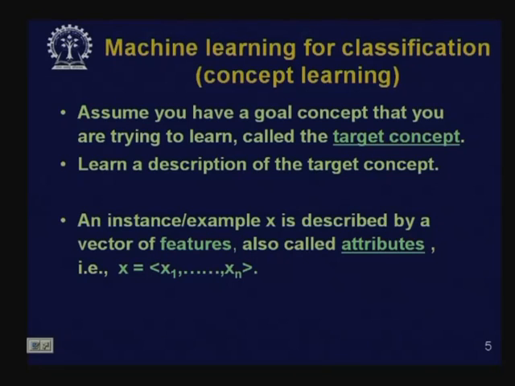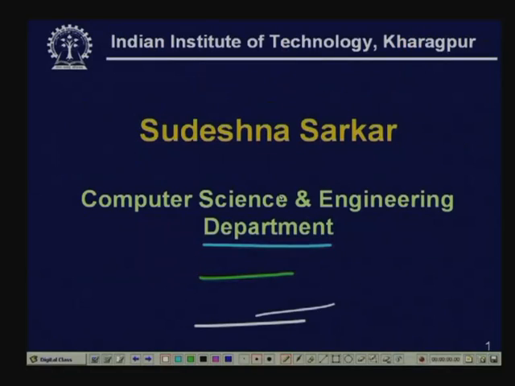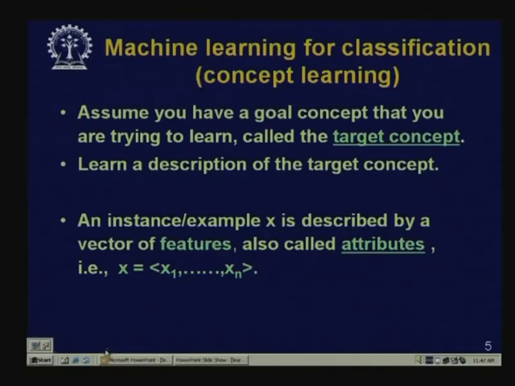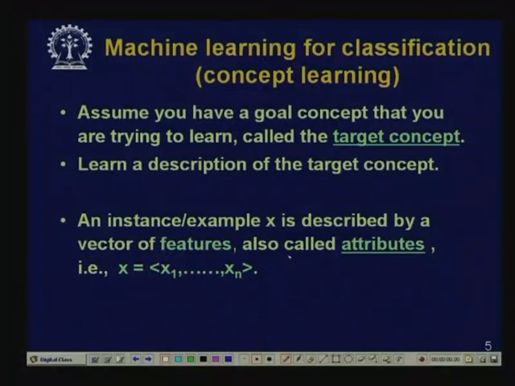An example or an instance X is described by a vector of features, also called attributes. For example, suppose X is an instance.